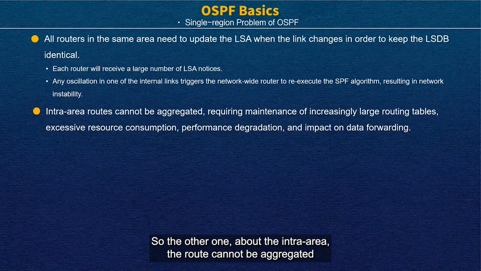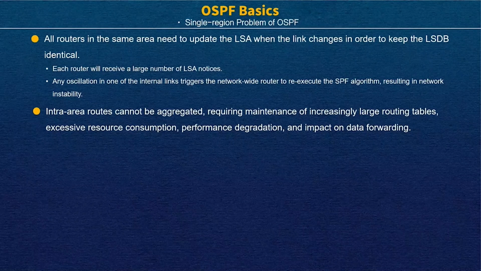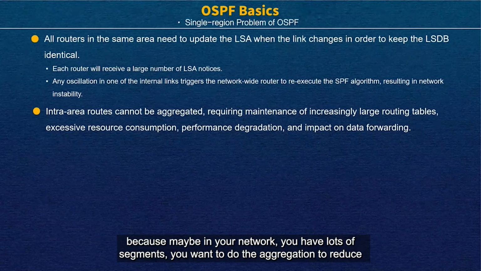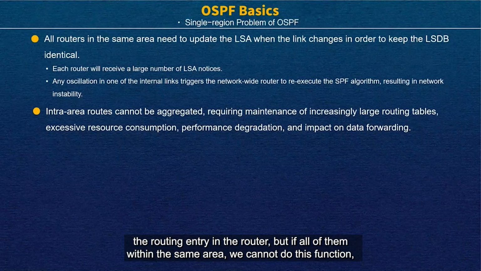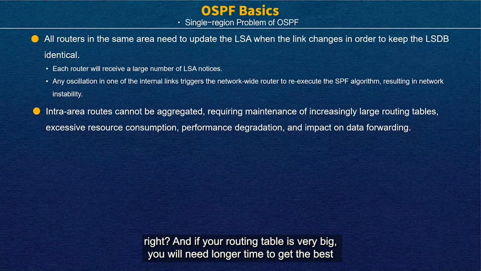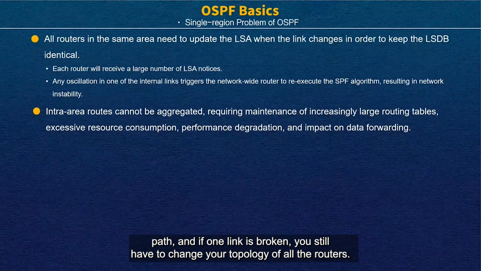The other one is that within an area, the routes cannot be aggregated, because maybe in your network you have lots of segments. You want to do the aggregation to reduce the routing entries in the router. But if all of them are within the same area, we cannot do this function, right? And if your routing table is very big, you will need a longer time to get the best path. And if one link is broken, you still have to change the topology of all the routers.